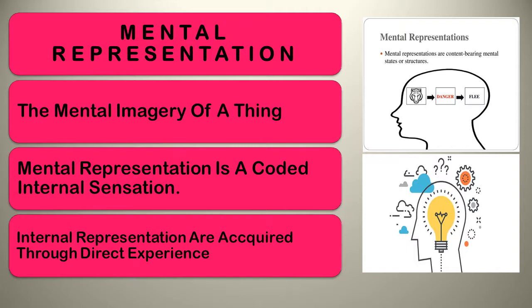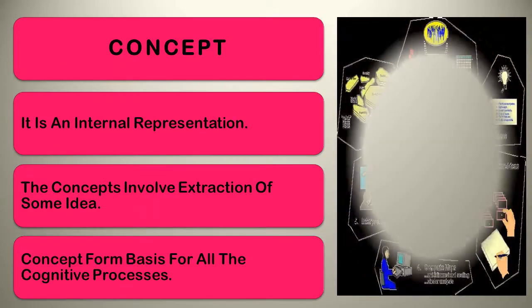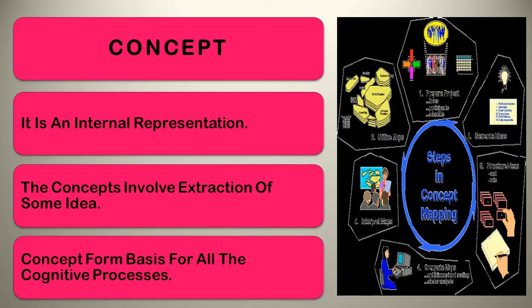For example, if you are to close your eyes and imagine a peacock in your mind, the visual image of the peacock with its colorful feathers immediately comes to your mind. This refers to mental imagery of an object. Coming to the second core element of thinking, concept.